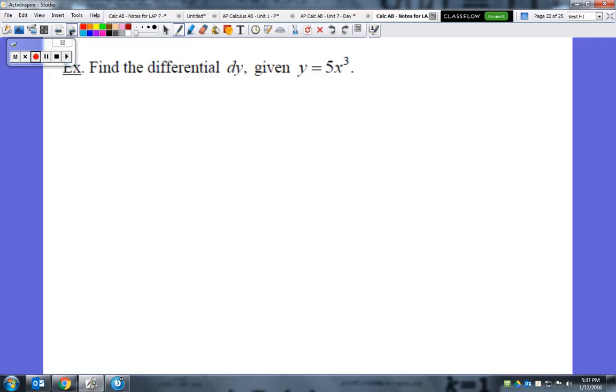Okay, so let's see what this entails as far as examples. Find the differential dy given the function. So we know if we just treated this as a normal derivative, it would be the derivative with respect to x is equal to 15x squared.